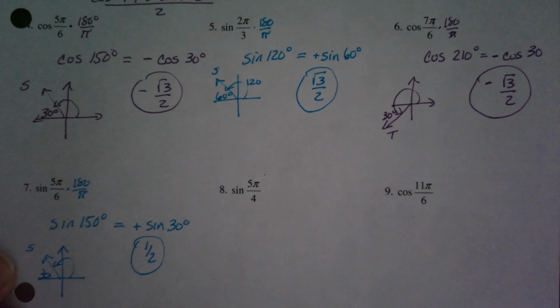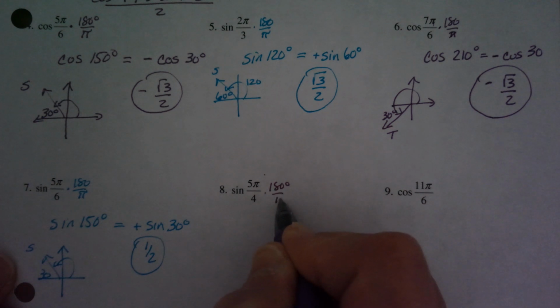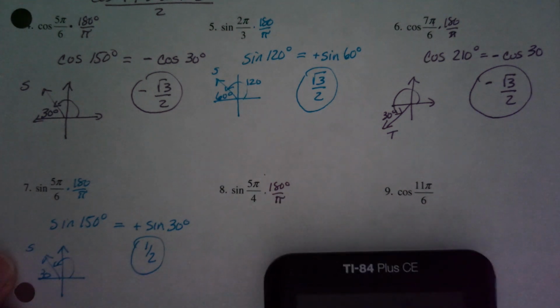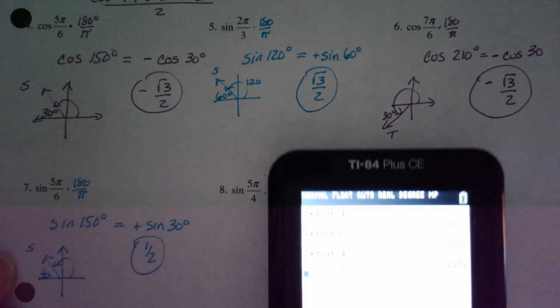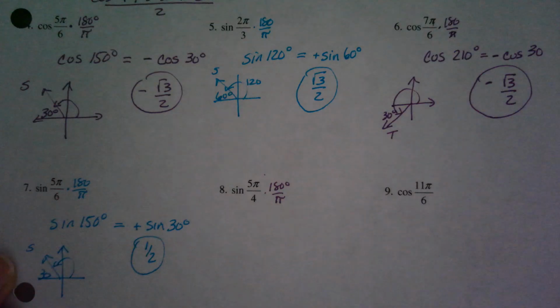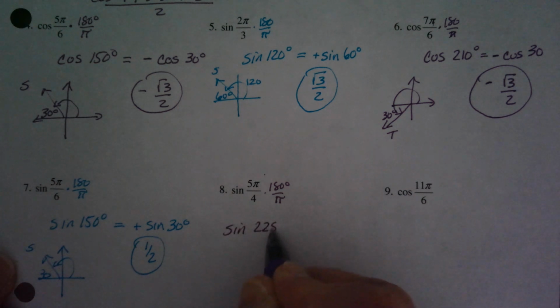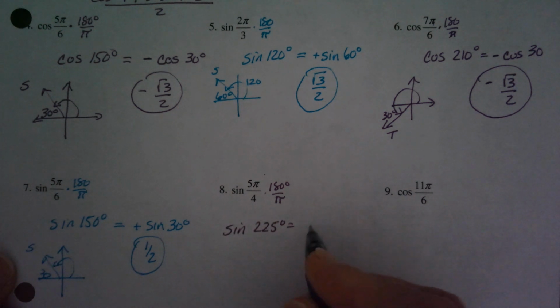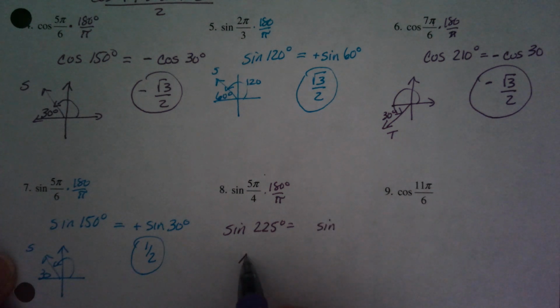Sine of 5 pi over 4, change that to degrees. Five times 180 divided by 4, 225. 225. That's going to be equal to positive or negative sine of the reference angle.